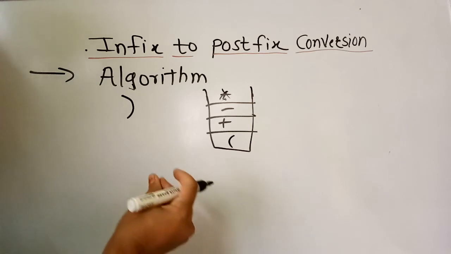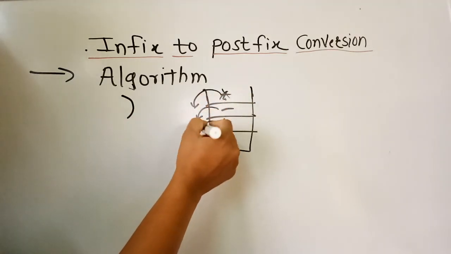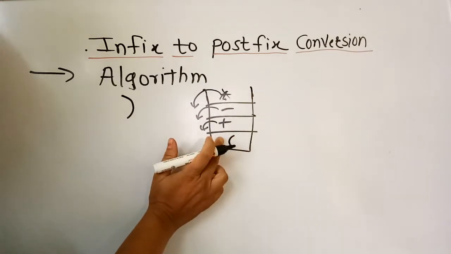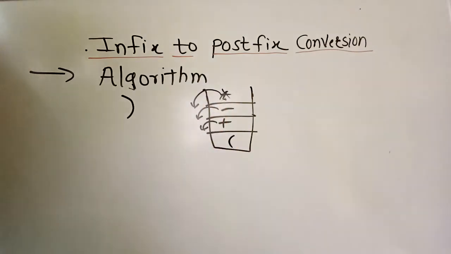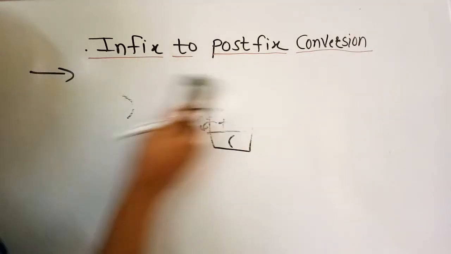Then what you have to perform? Pop all the characters until the opening parenthesis is reached, but do not pop the parenthesis itself. Okay. So these are some basic algorithmic steps related to expression conversion from infix to postfix.